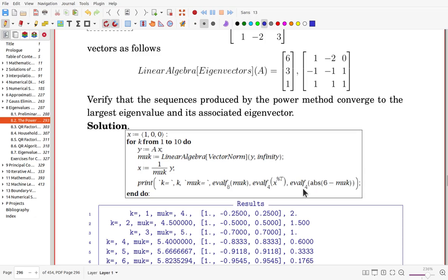Then we measure the error. Once mu k is converging to 6, we can measure the distance between 6 and mu k to see how the error is reduced in each iteration.